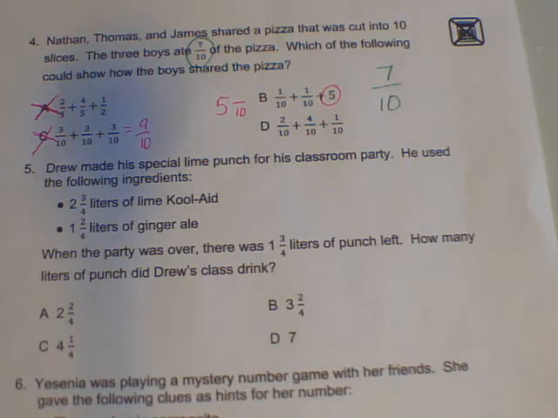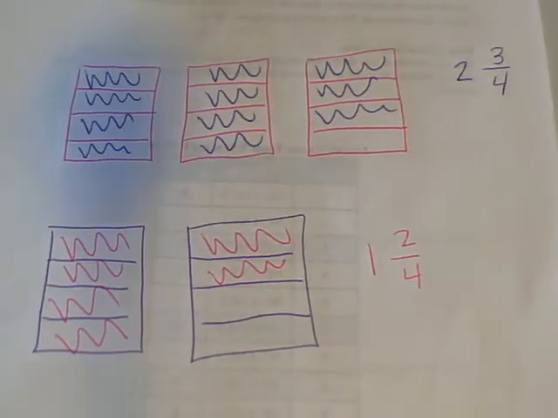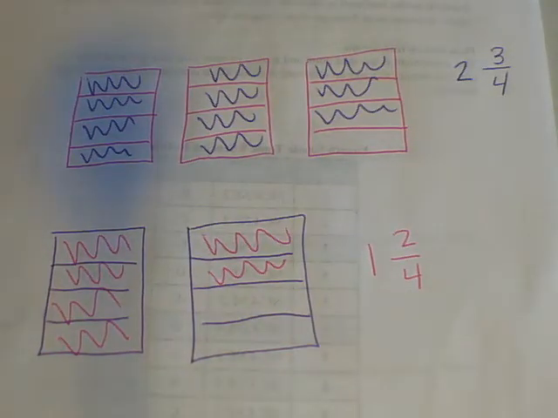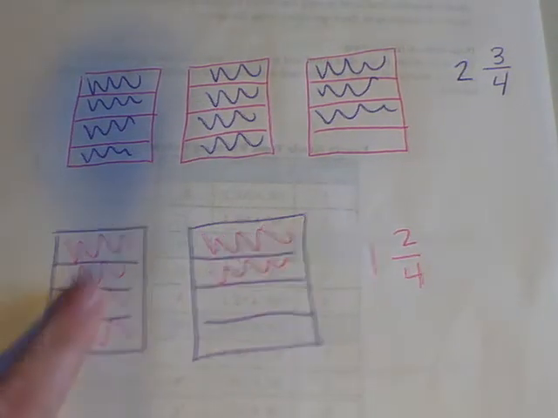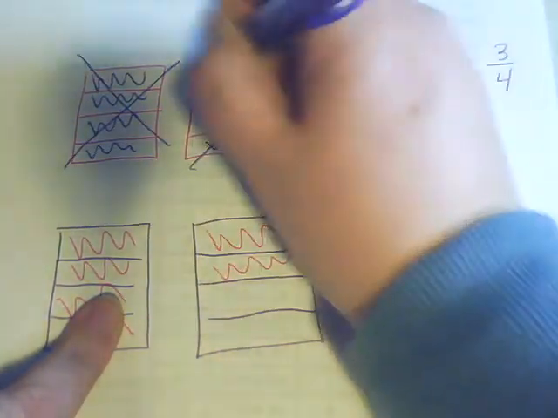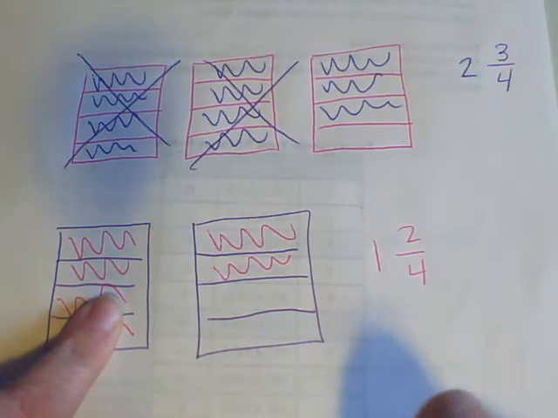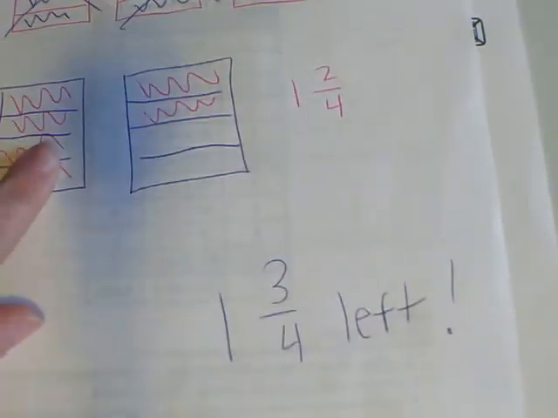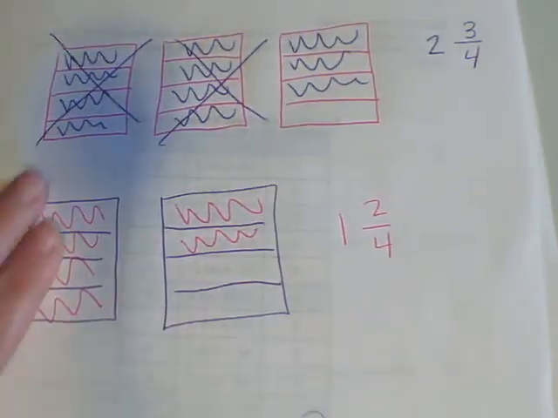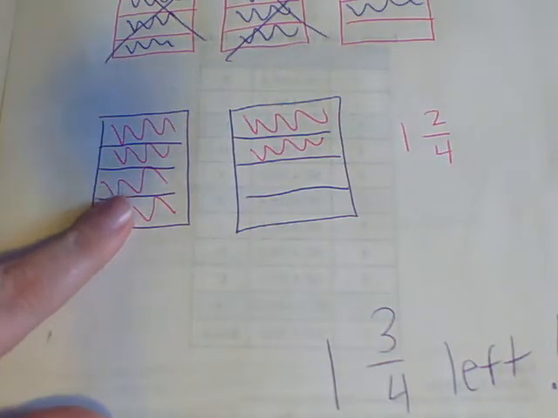Okay, so if there's 1 3/4 left, how much did they drink? Okay, so I have to have 1 3/4 left. So I'm going to leave this one, and I'm going to get rid of these two. Because remember, I want 1 3/4 left. If I get rid of 2 wholes, I have my 1.